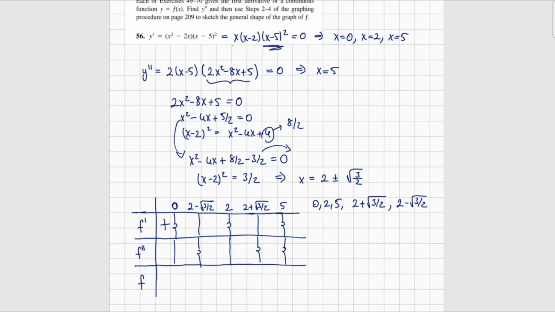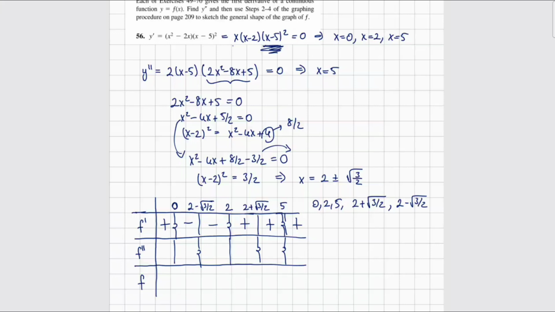And at x equal to 0, it has a single root, so it flips to negative. It stays negative and then flips to positive at x equal to 2. But pay attention to x equal to 5. Because of the squared term, we have a double root in the first derivative, so it does not change sign here. It touches 0 and stays positive.